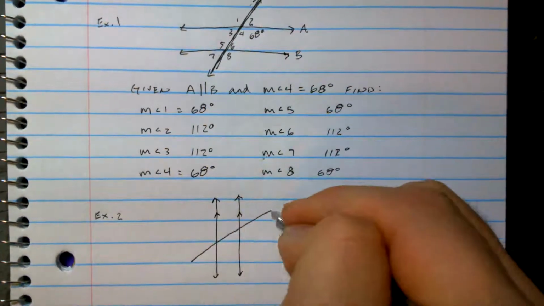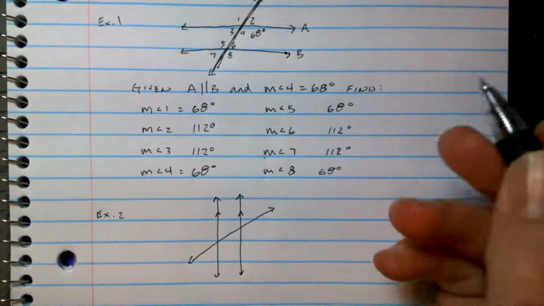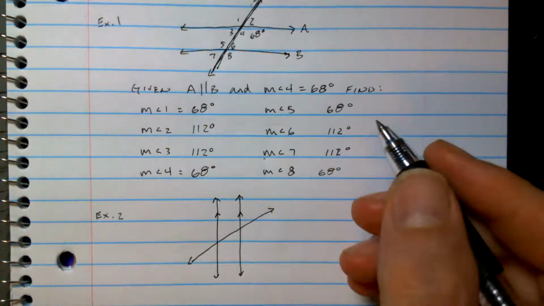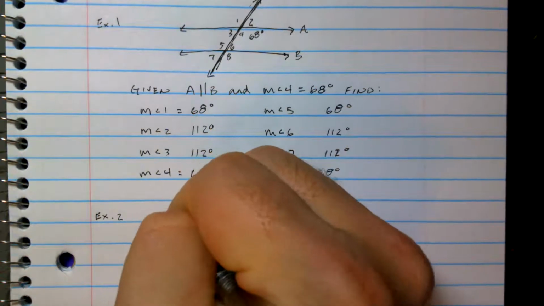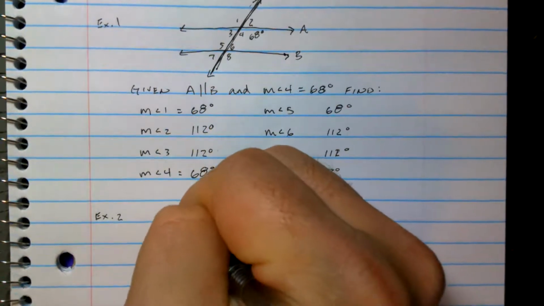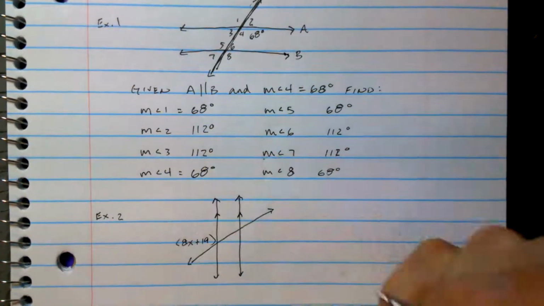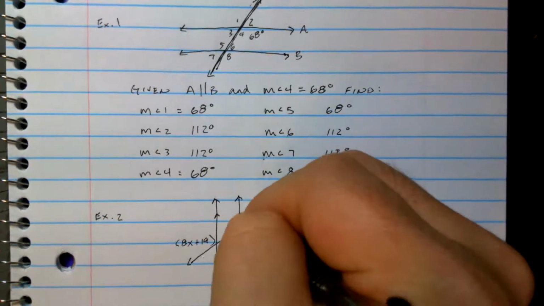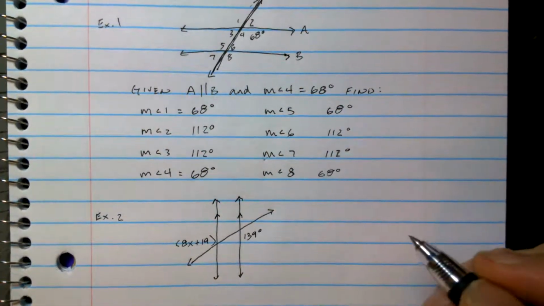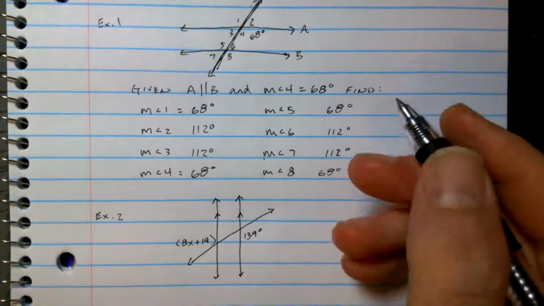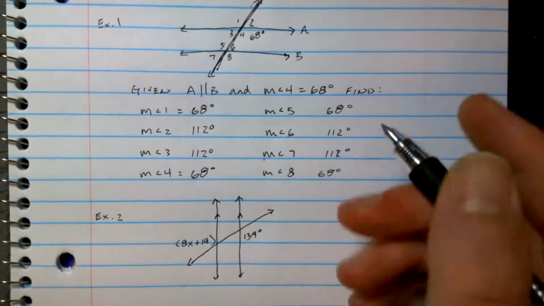And let's have a transversal coming in here. And let's go with this is 8x plus 19, and this is 139. Okay. So, right, solve for x.